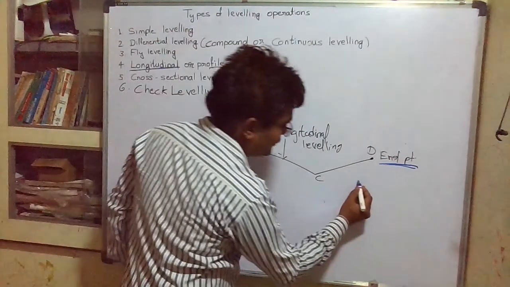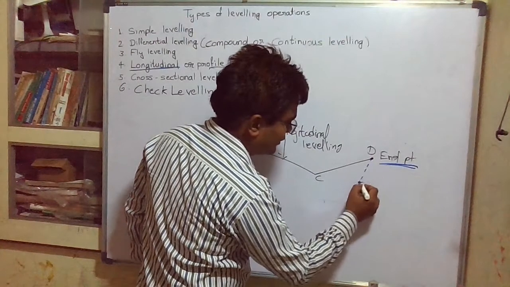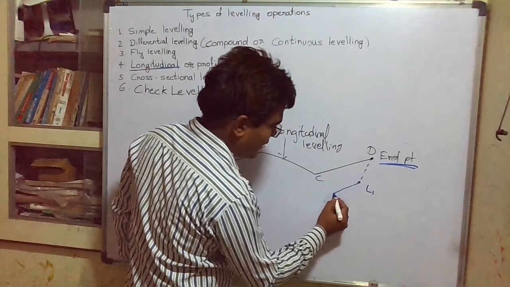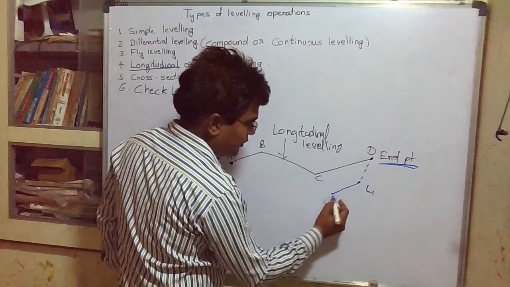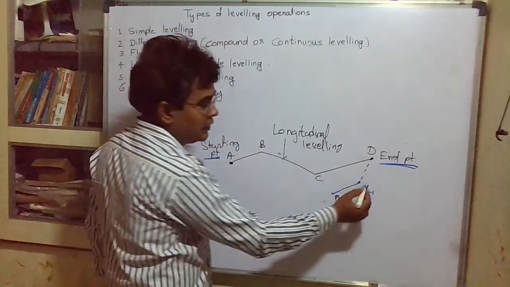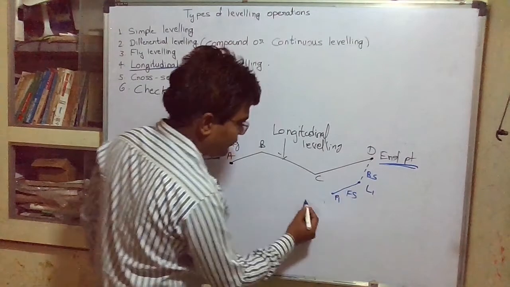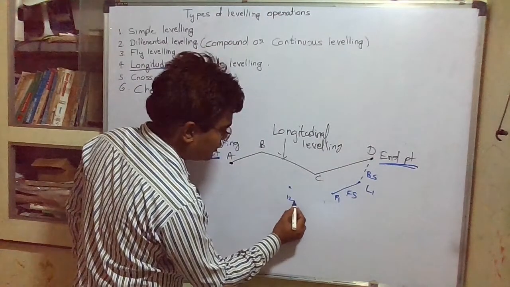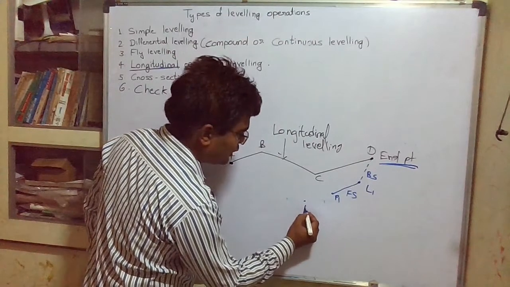Okay, so we'll select a number of points here like level L1 and we'll take backsight and foresight readings at different points with some positions of the staff. Here also we'll take only backsight and foresight readings. Again we'll set the level at some new location L2.